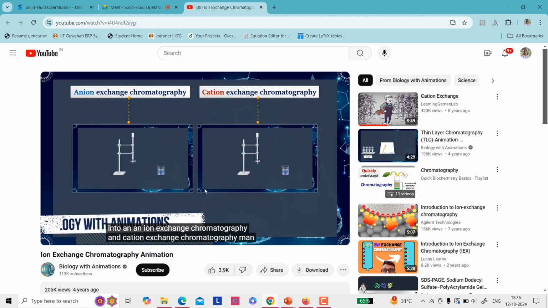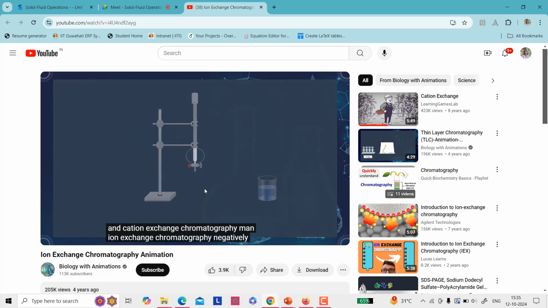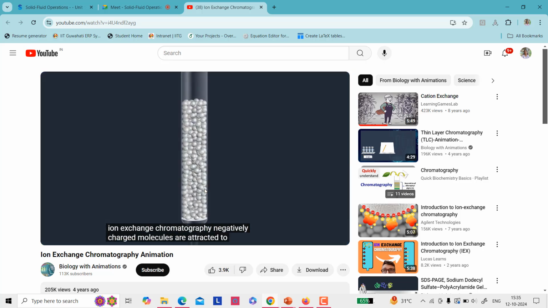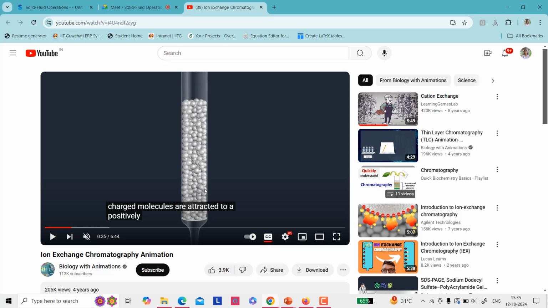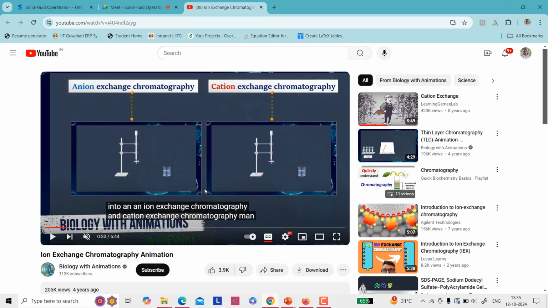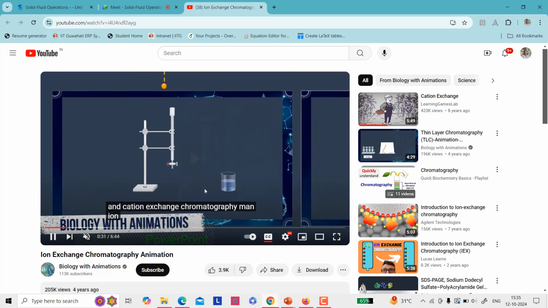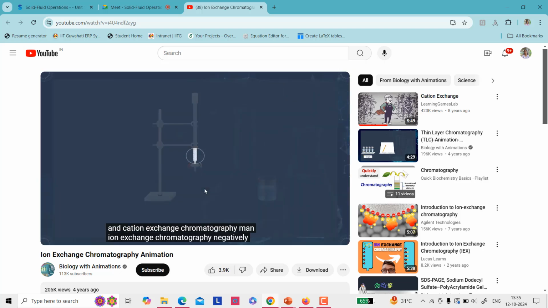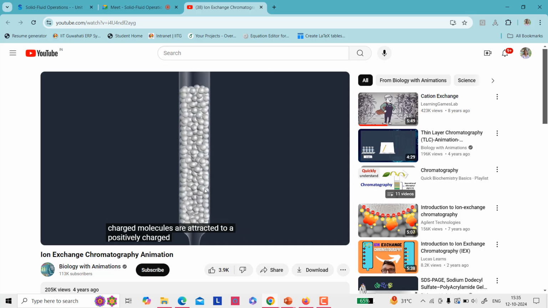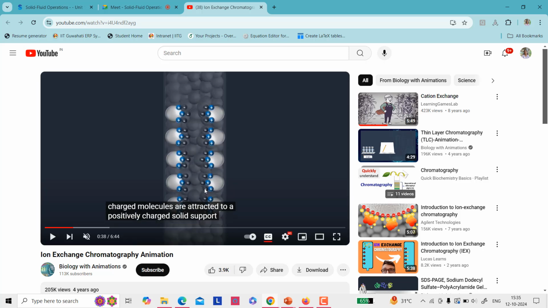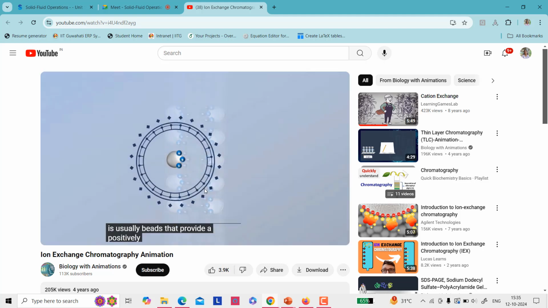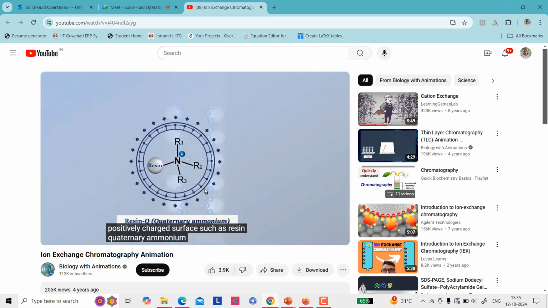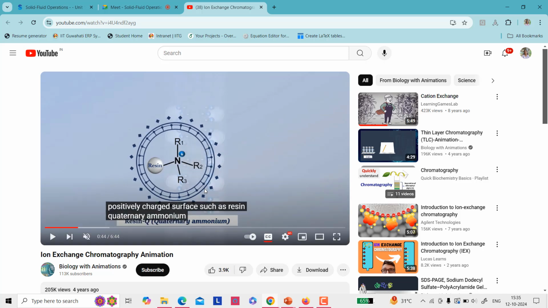Anion exchange chromatography captures negatively charged molecules. Negatively charged molecules are attracted to a positively charged solid support, which is usually beads that provide a positively charged surface, okay, such as resin, quaternary ammonium.